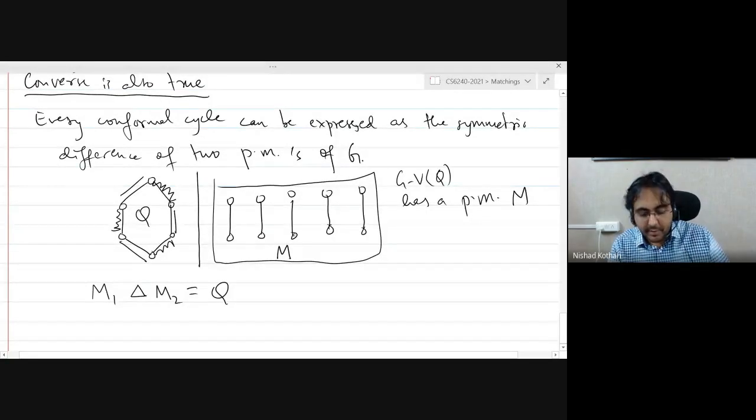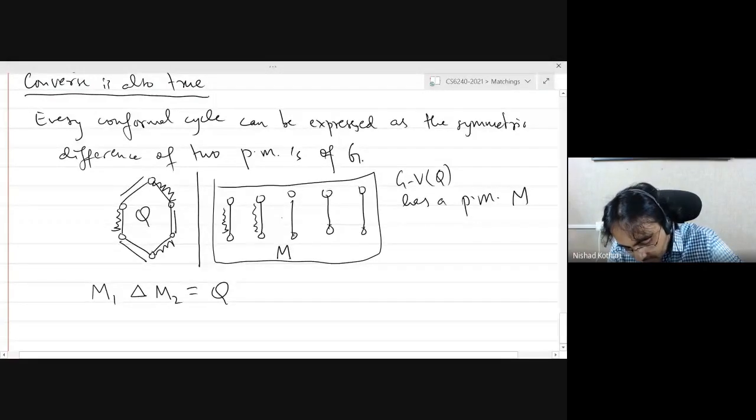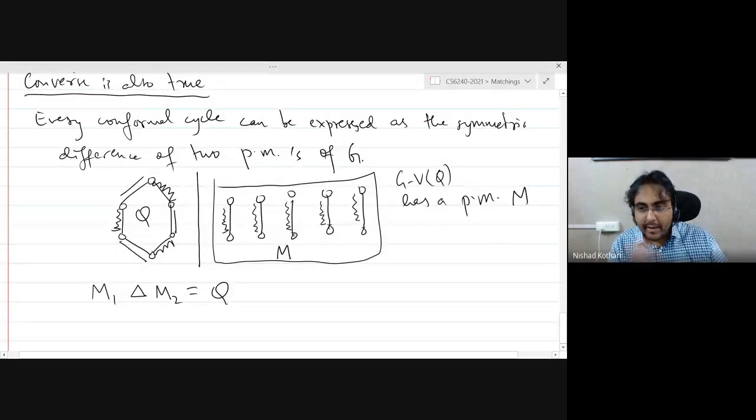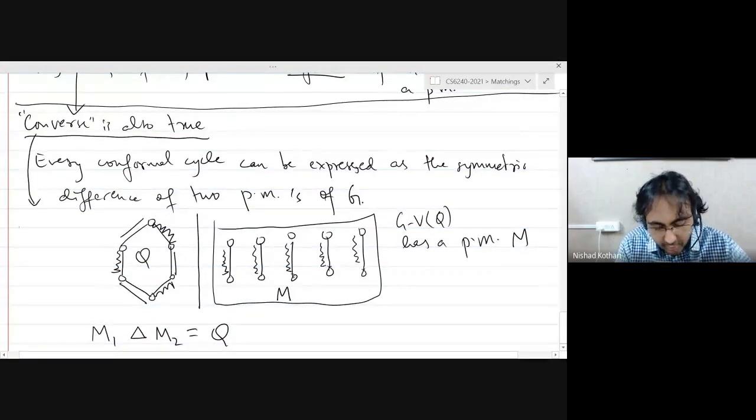The symmetric difference of M1 and M2 is exactly going to be the cycle you chose. Right? So every cycle that is conformal can be written as symmetric difference of two perfect matchings. And if you take two perfect matchings and you look at the symmetric difference, then every component is a conformal cycle. So actually what we proved is slightly stronger. It's not just a component, it is actually the whole symmetric difference.